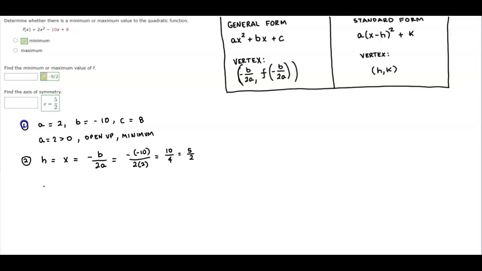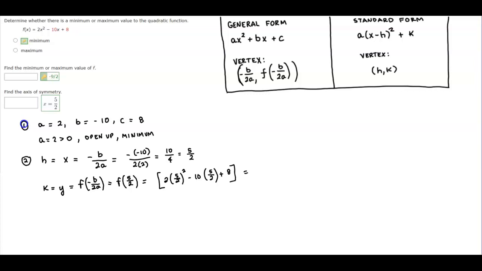And then let's go ahead and find k, which we know is the y value, which is f of negative b over 2a, which means we need to find f of 5 over 2, and we've got to plug that into the function. So we know the function is 2 times 5 over 2 squared minus 10 times 5 over 2 plus 8.